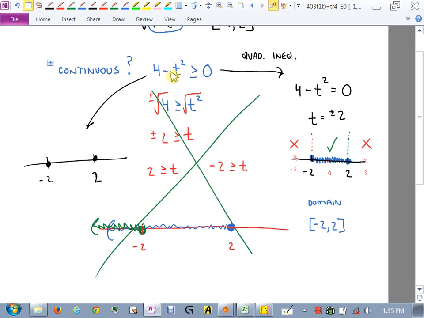Which way does it open? Down. That means my parabola has to look like that because these are the x-intercepts. If I want to know when it's bigger than or equal to 0, I'm saying when is it above the x-axis? That means it has to be between here and here. That's, to me, easier than doing test points, but it only works for parabolas or quadratic inequalities. Either way, you do not want to do this thing.